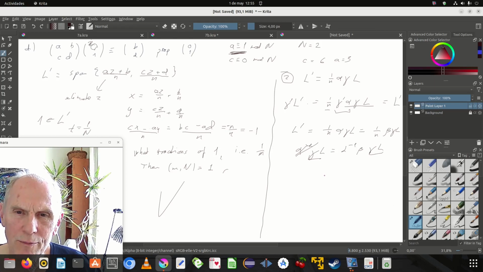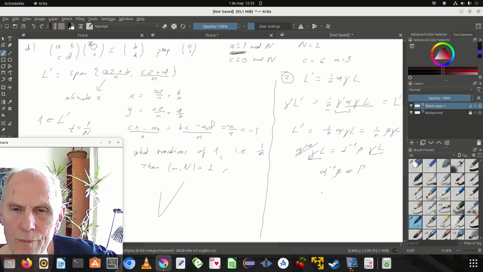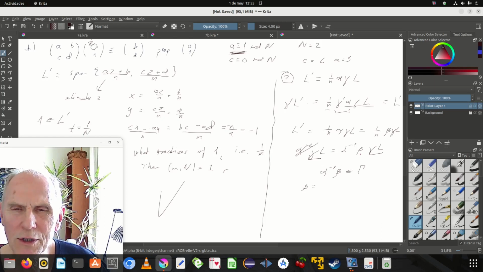And that means that alpha to minus first beta lies in gamma. That's the definition. So beta equals some gamma times alpha. Now we have to show that it's in gamma 1.